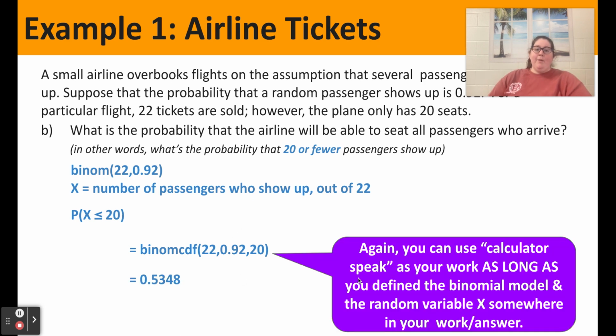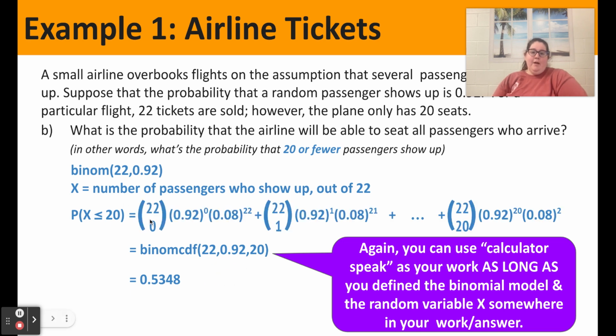Again, we can use binom CDF as your work, as long as somewhere, even if it's up in part A, you defined the binomial model and defined your random variable x as the number of passengers who show up out of 22. Otherwise, we would need to show this work. That's starting at 0 because we wanted less than or equal to 20.